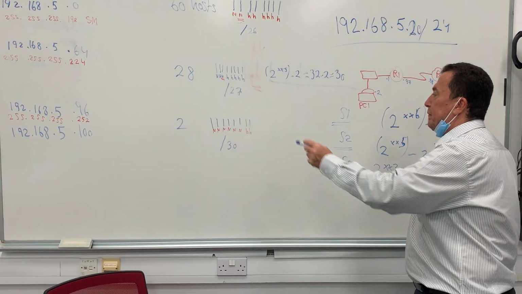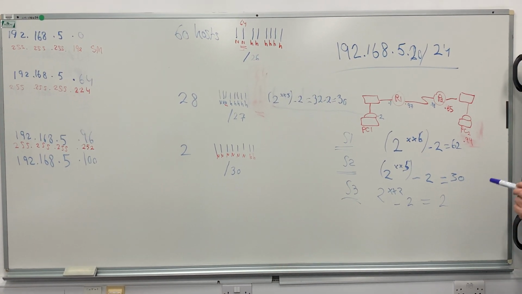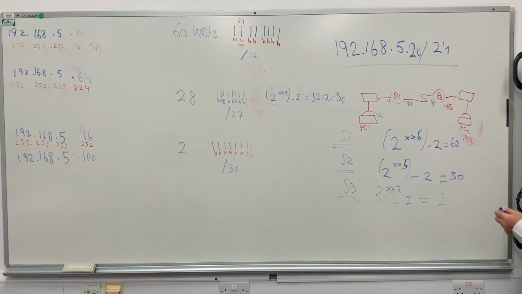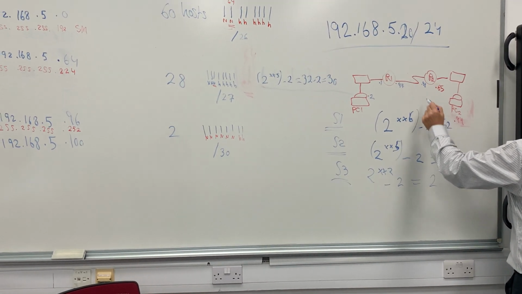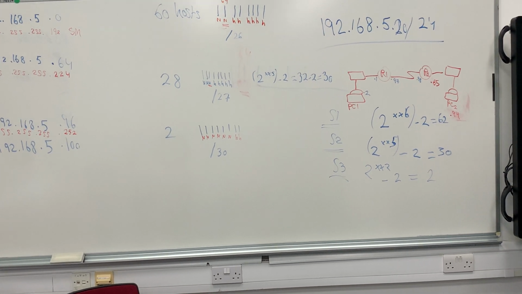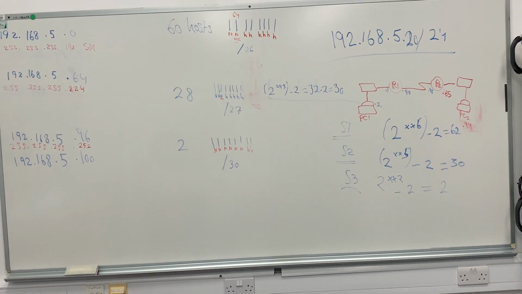So my address will be .96 to .100. This router will get .97, and this router will get .98. So this solves the VLSM part of the question.